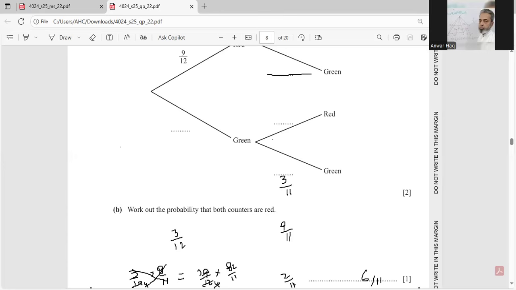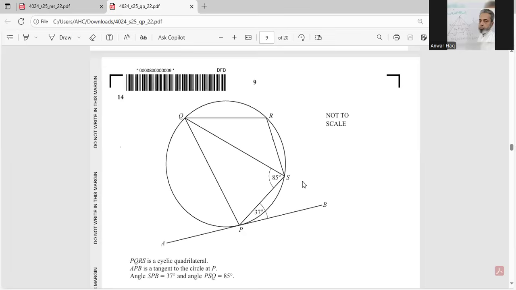Question 12. In this question 12, he has given you the circle and all the values are told.